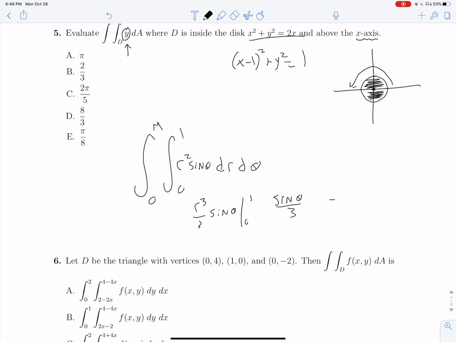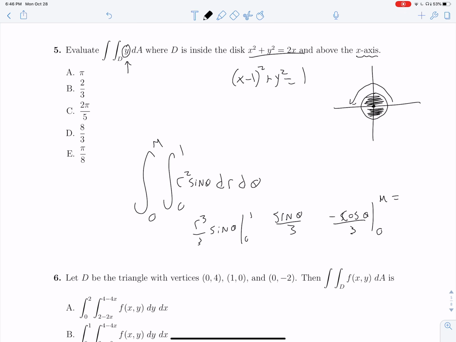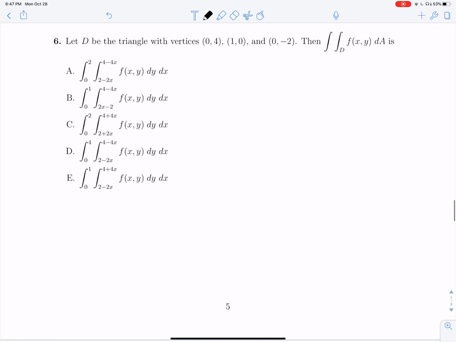Taking the antiderivative, we get negative cosine of theta over 3 on 0 to pi, which is going to be 1/3, and this is going to be 1/3 more. So overall, the answer's 2/3.